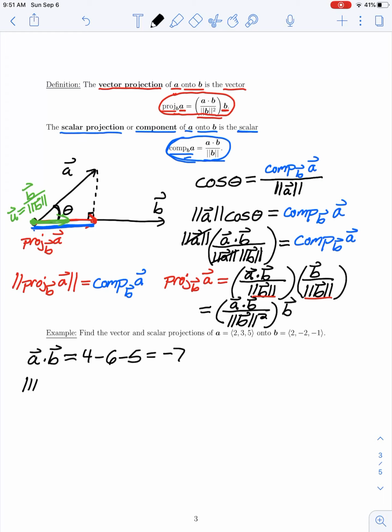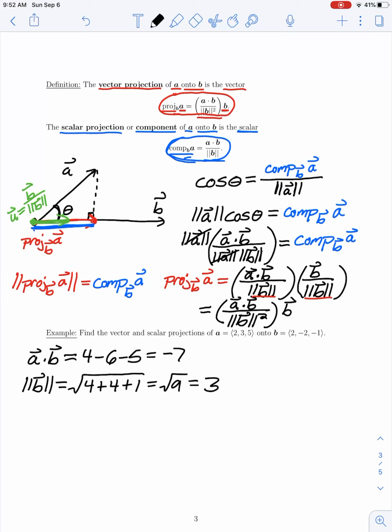Now we also have to calculate the magnitude of this vector B, which is given by the square root of the sum of the squares of its components. So here 2 squared, or 4, plus -2 squared is 4, plus -1 squared would be 1. So we're left with root 9, or 3, for the magnitude of that vector.